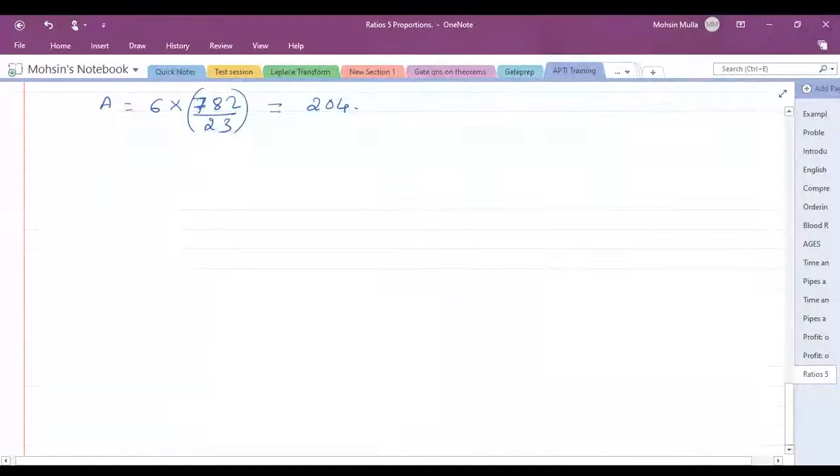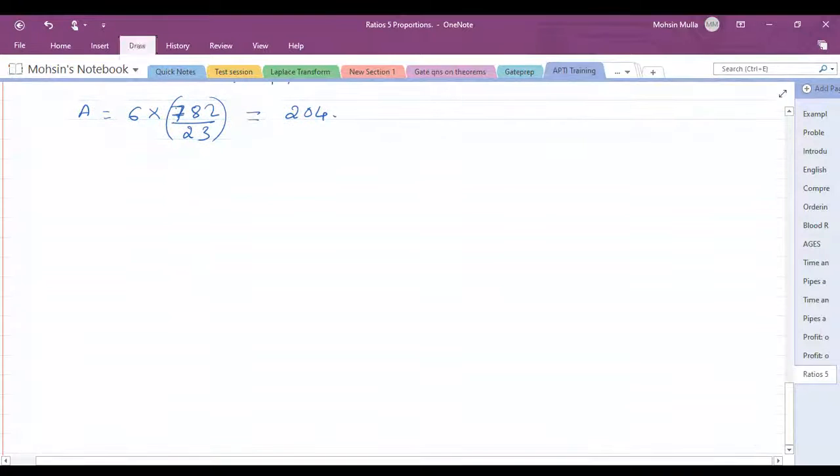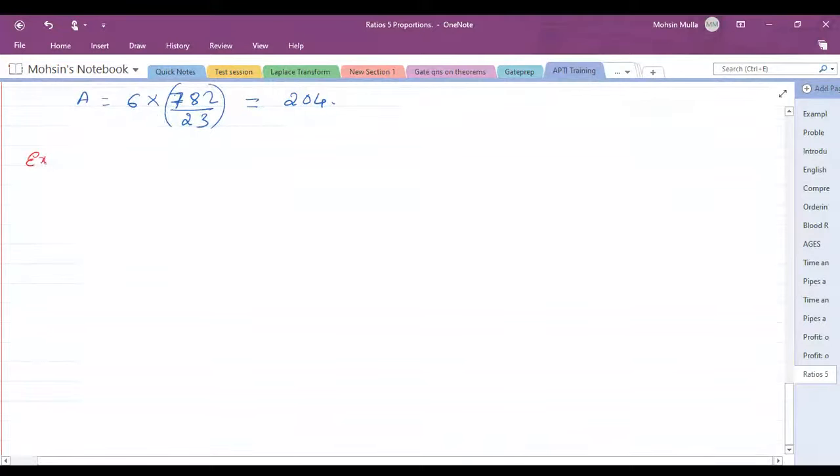Okay, so another example. Example number 10. The sum of three numbers is 98.